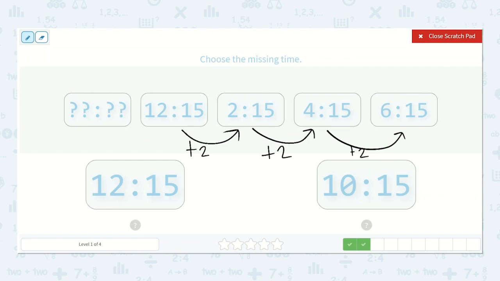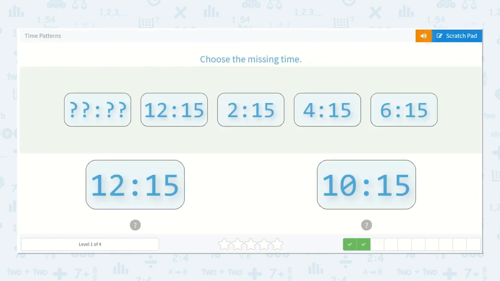Well, if we're at 12:15 now, we're going to go back. So if we went back, we're going to have to subtract 2 from that hour. So if we subtracted 2 hours from 12:15, what time would that be? Yeah, 10:15. Definitely not 12:15 because that's the same time. So 10:15 is our answer.